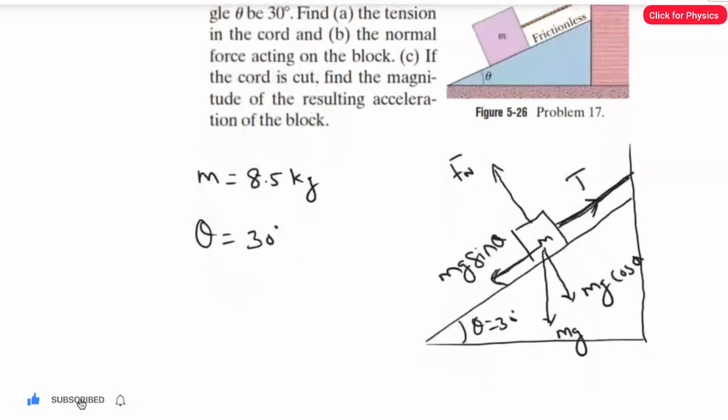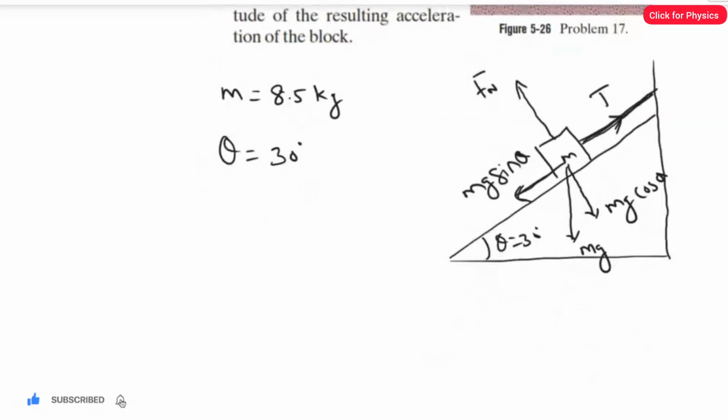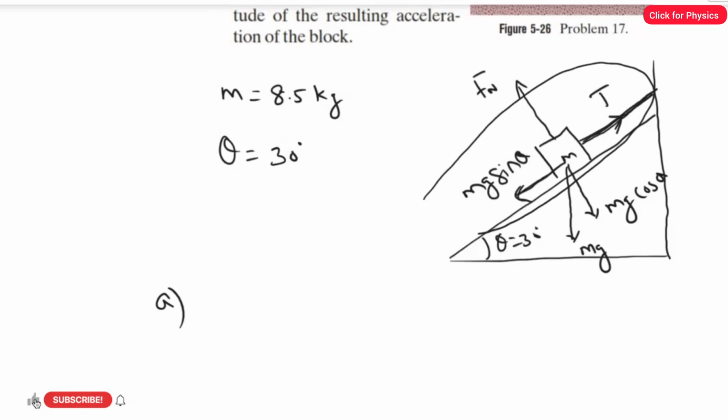So let's rewrite the answer for the first question. For the first part, we are going to find the tension. Here I have to consider the rightward force, which is equal to the leftward force, which is the tension equal to mg sine theta. So T equal to mg sine theta. Now the values of the mass, gravity and theta are already given.